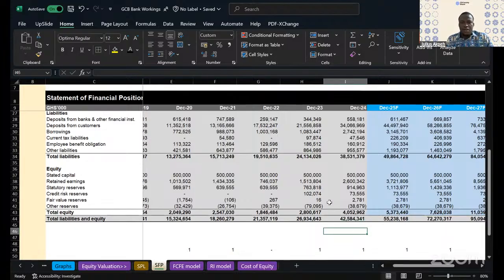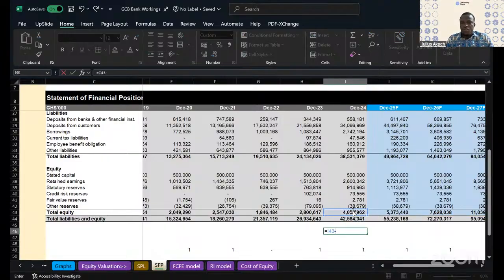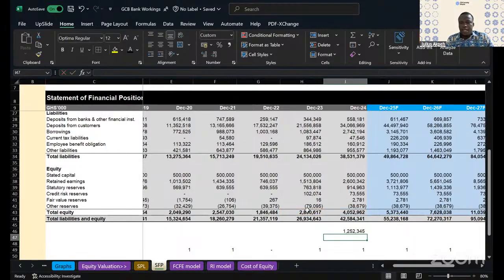I can calculate the total other comprehensive income values. Or in other words, I can take the total equity here in 2024 minus total equity in 2023, and that gives me this figure.